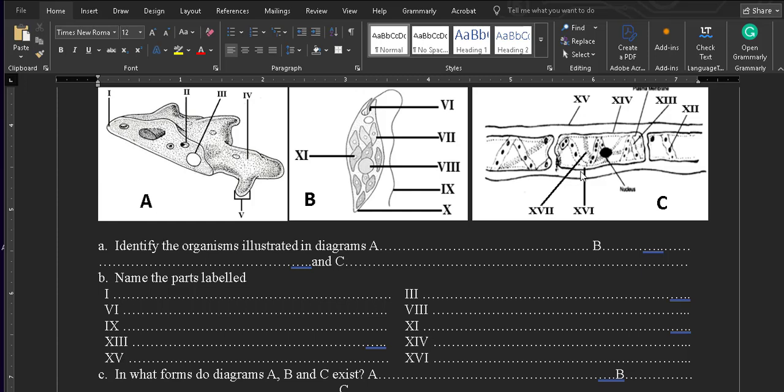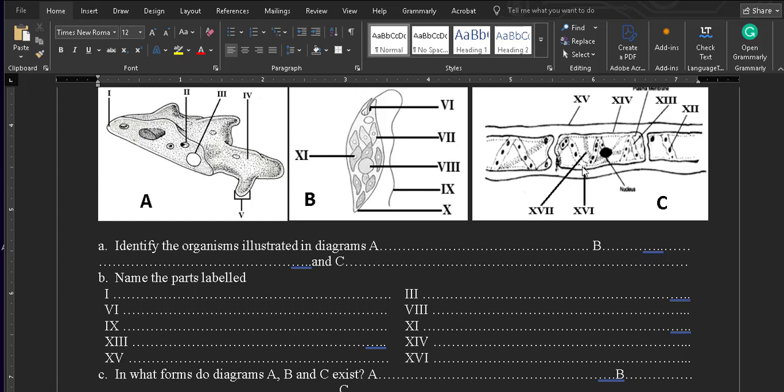Then XVI. So the XVI right here, we've moved away from the cell wall, and we are looking at the thin cytoplasm of the Spirogyra. So that's what we have.